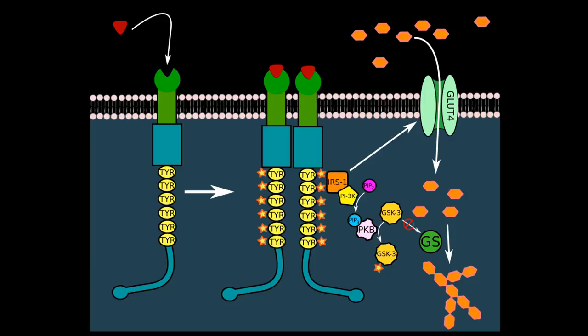In turn, protein kinase B is going to phosphorylate glycogen synthase kinase 3. Glycogen synthase kinase, then, once it's phosphorylated, it stops acting by phosphorylating glycogen synthase, which normally turns off glycogen synthase.